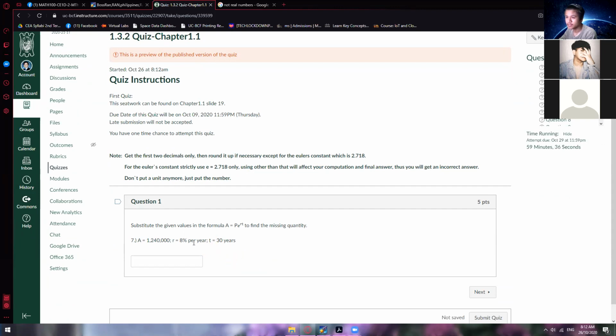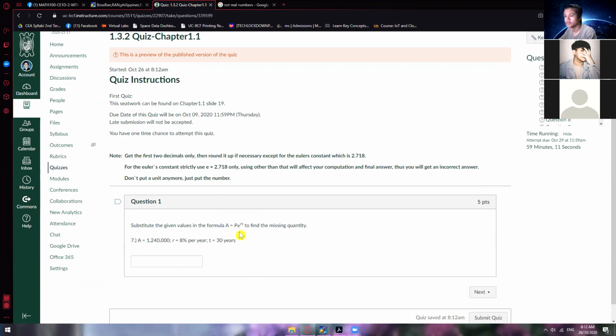Alright, so as you can see, tatlong variable na yung given. And then, in our formula, we have a total of 5 variables. One of those is a constant, which is E, 2.718. So kapag nilagay mo tong tatlo dito, isa na lang magiging missing.